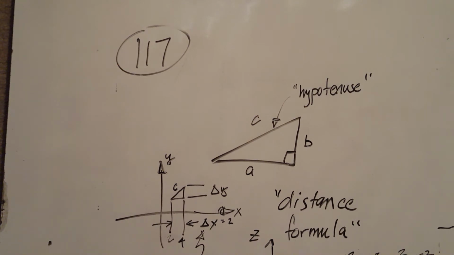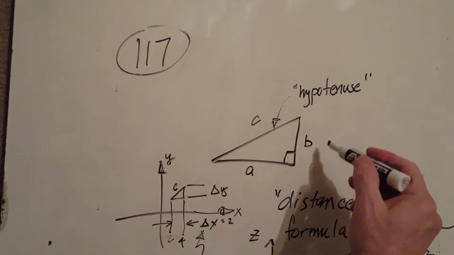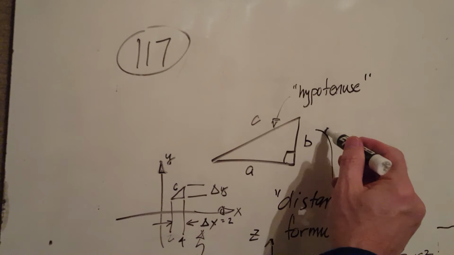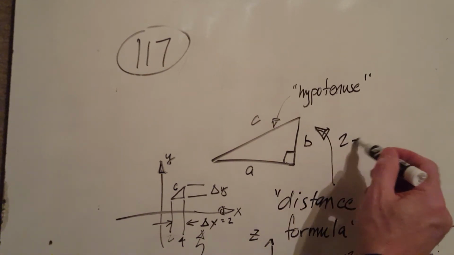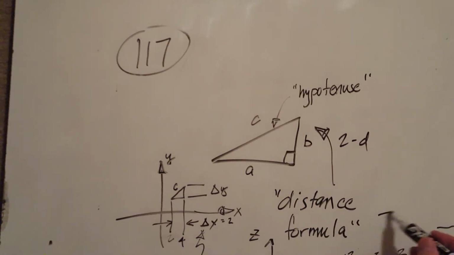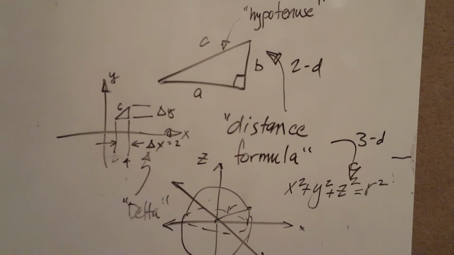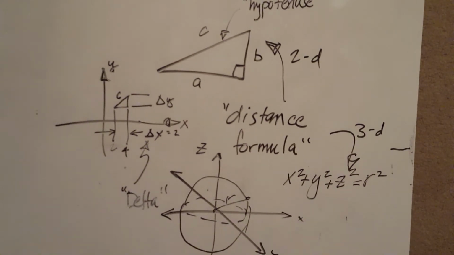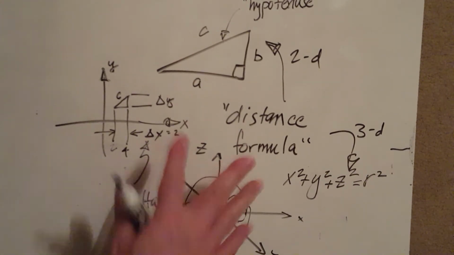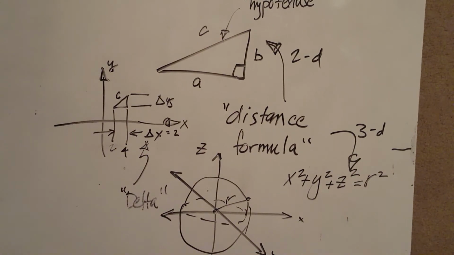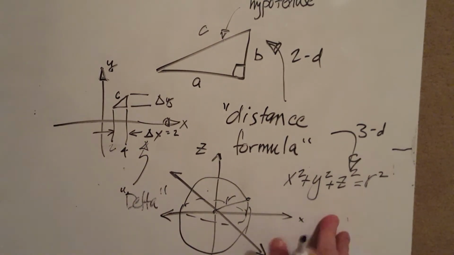This is going to be the distance formula in 2 dimensions right here. So this is the 2D distance formula, and this down here is going to be the 3D distance formula. Can you see all that? You probably can't. There we go. Okay, so I got kind of carried away. Anyway, the Pythagorean theorem is going to be key in the 2D distance formula and the 3D distance formula.